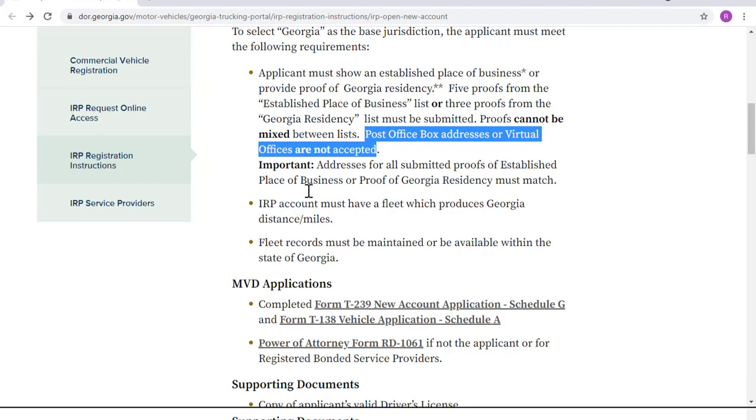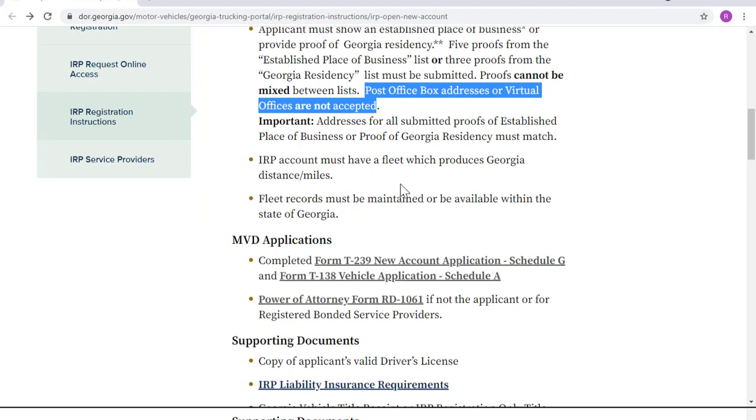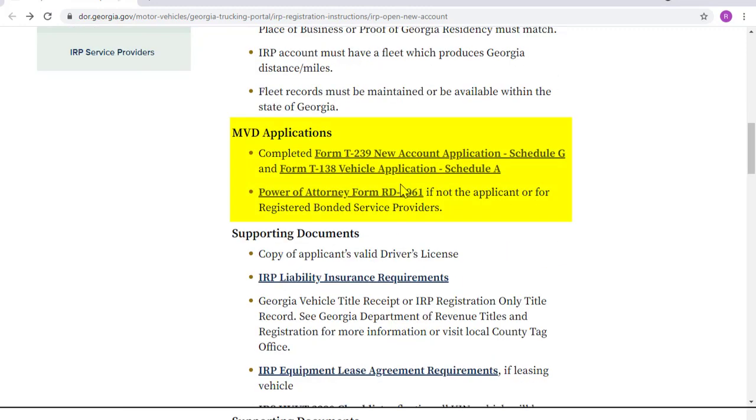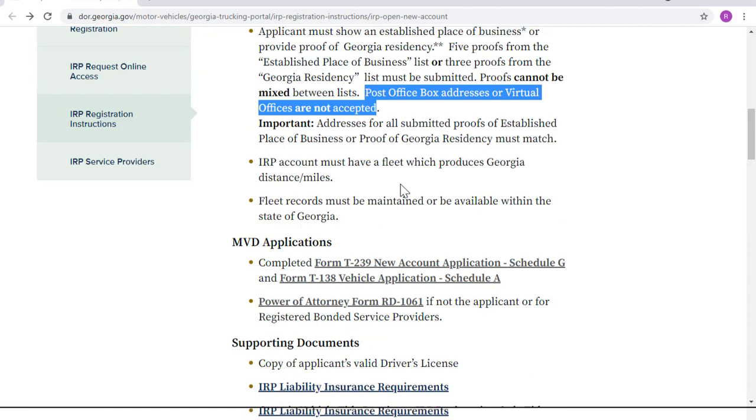I can't wait. I'm so excited. We're going to go through these applications, and I swear before it's over with, you're going to be confident that you can complete your own IRP application. And guys, I always say, and we do this for a living, okay? If you're not comfortable completing this application, hire someone to do it.